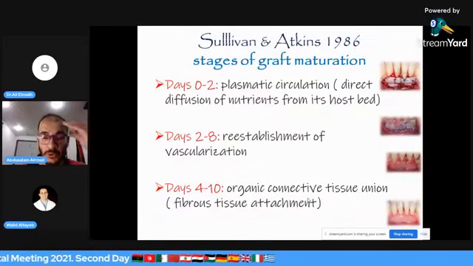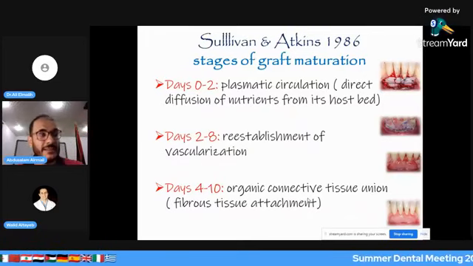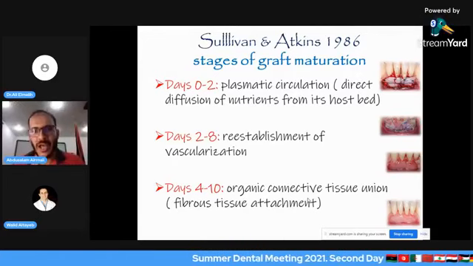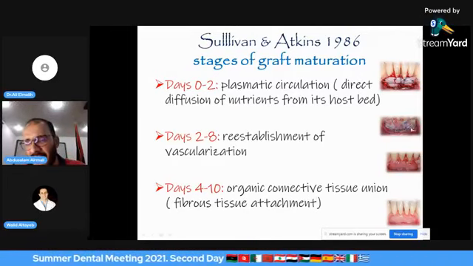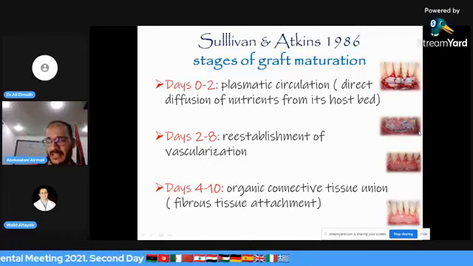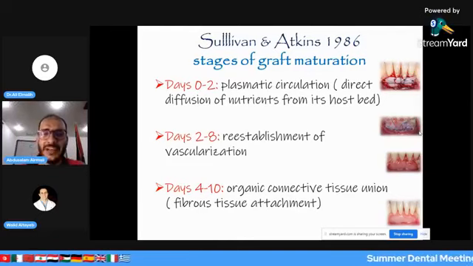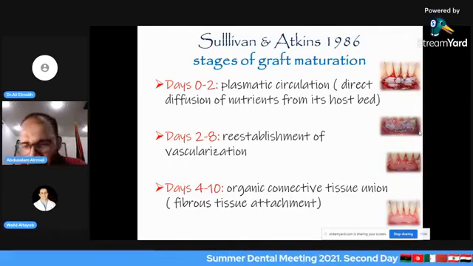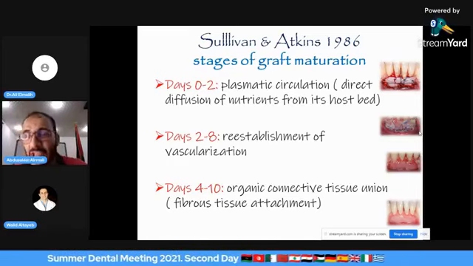And this is very important, because some of the students and some of my colleagues who help me in such cases asked me in the follow-up: after 1 week, when they saw this white color over the graft, they said to me, "Oh, Dr. Abdusalam, your graft has failed." No, I said to him, this is not failure. This is normal healing of the graft. This is normal color.